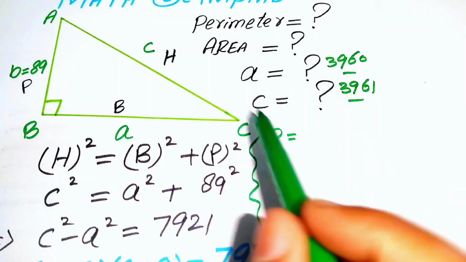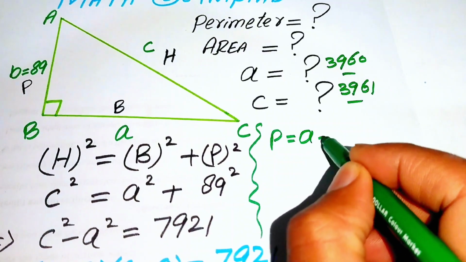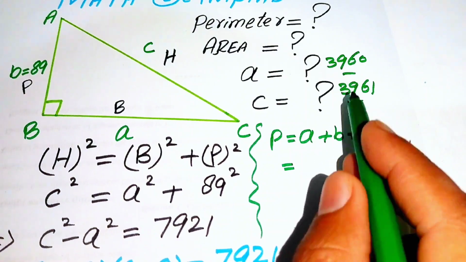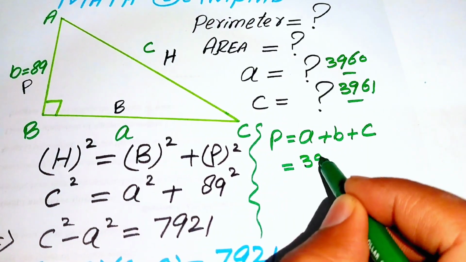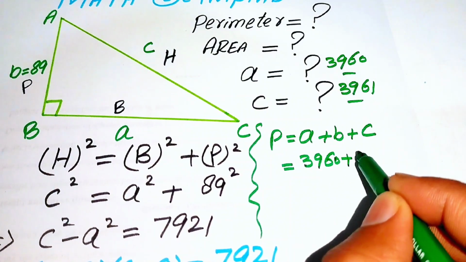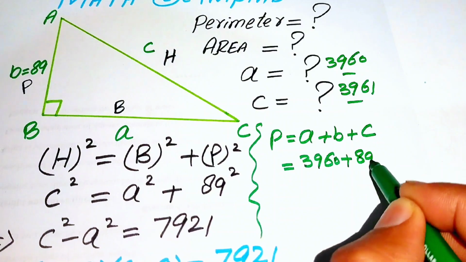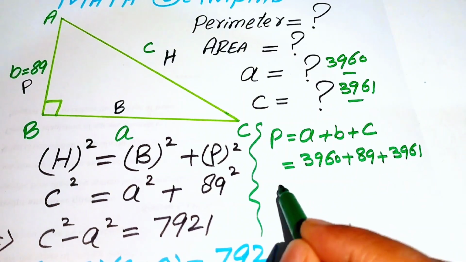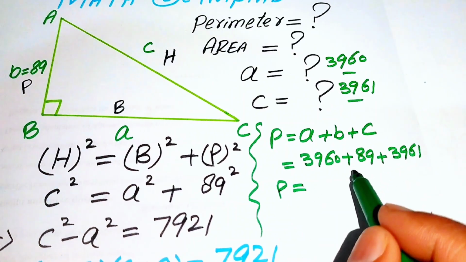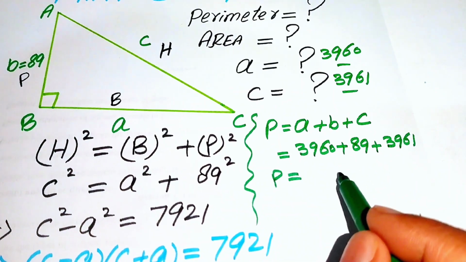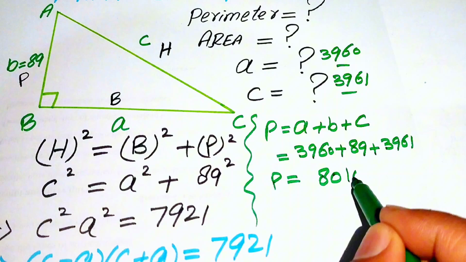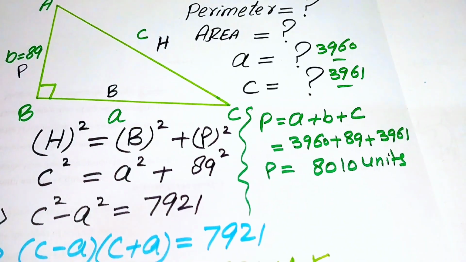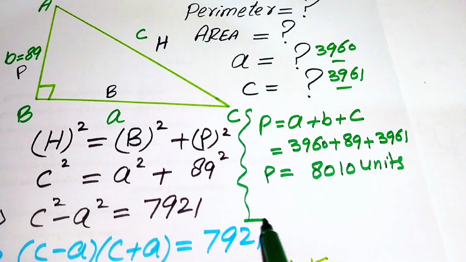So we add these three sides, so our perimeter will become a plus b plus c, and the value of a is 3960, and the value of b is 89, and the value of c is 3961. So now we add all these three values, and you easily get its perimeter is 8010 units. So this is our perimeter, and now we find the area of this triangle.